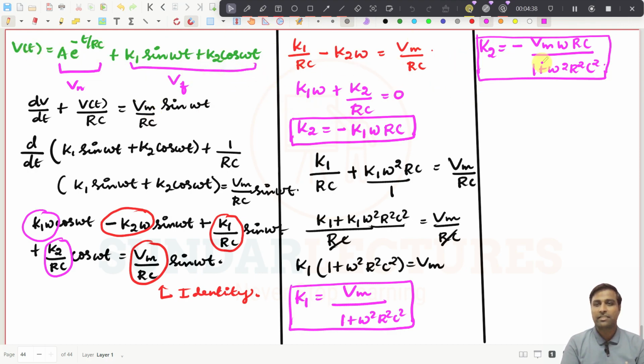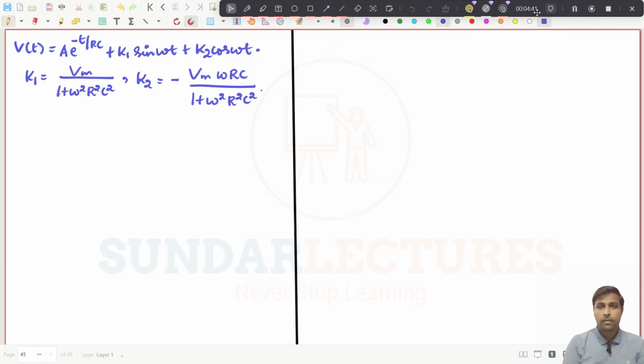So I will just take it to the next page. I have just taken it to the next page, and what we can do now is very simple: you just substitute the values.